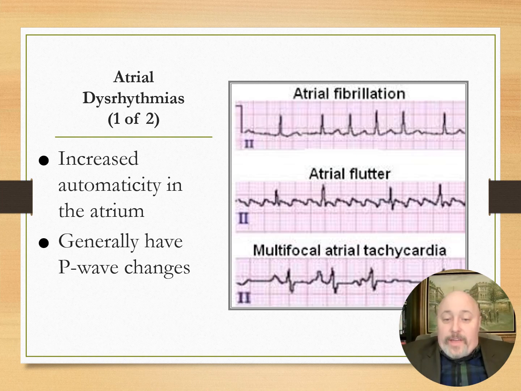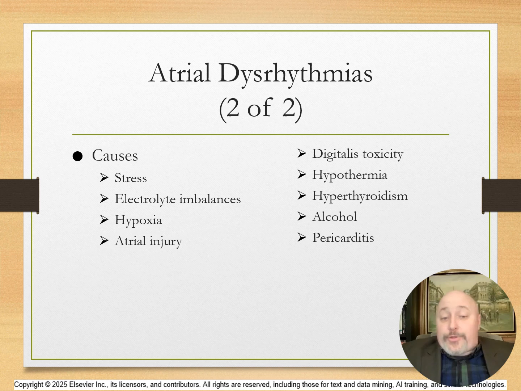In the case of A flutter, the atria are opening and slamming shut while the QRS is occurring with a junctional or slower rhythm. These atrial dysrhythmias can have different causes, everything from stress and electrolyte imbalances to hypoxia or atrial injury. It may also be due to digitalis toxicity, hypothermia, hyperthyroidism, alcohol or pericarditis.